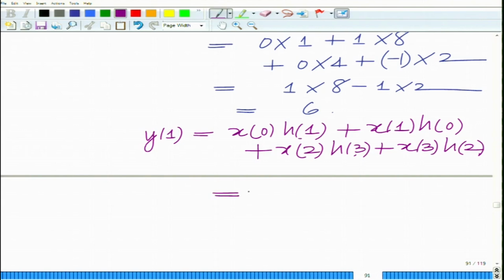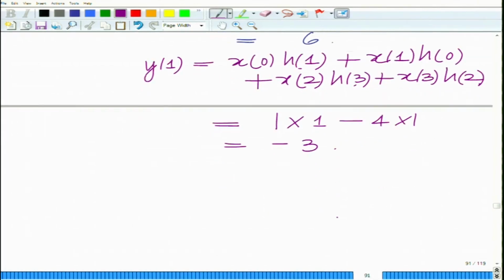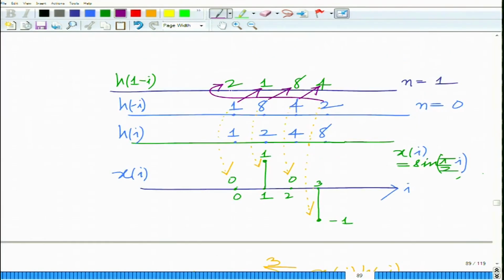You can simplify this, that will be 1 into 1 minus 4 into 1, which is equal to minus 3. And you can see that from the figure also: 2 into 0 plus 1 into 1, that is 1, plus 8 into 0 minus 4 into 1. So that is 1 minus 4, that is minus 3.